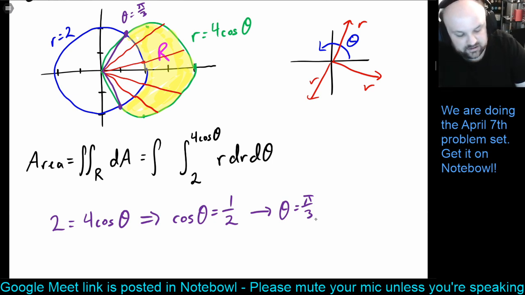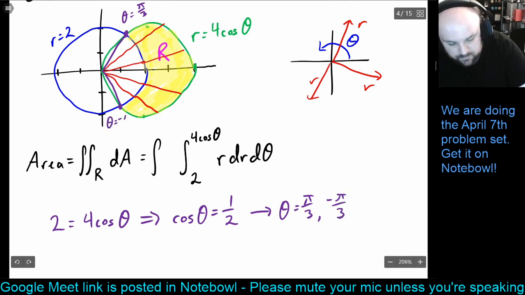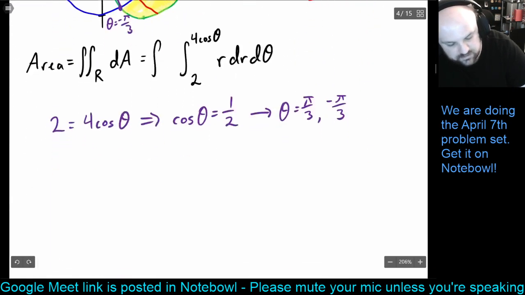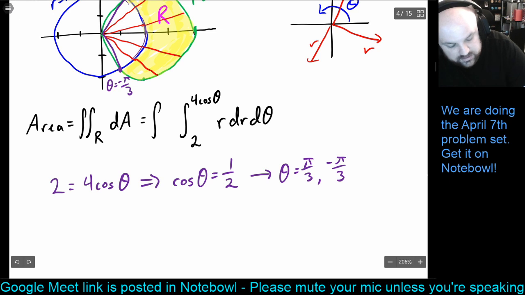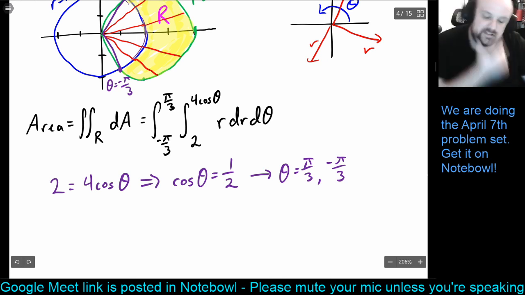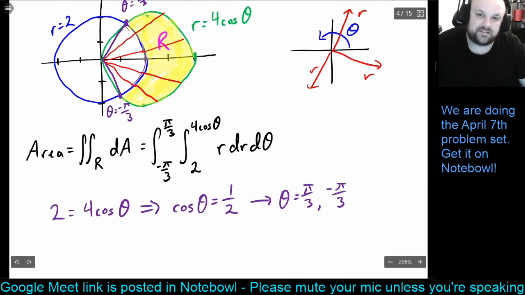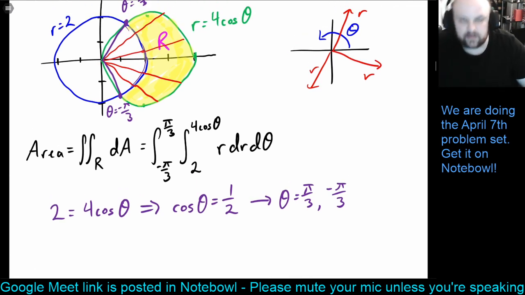So we actually want to use minus pi over 3, because then we start down here at minus pi over 3 and trace out from here to here. So minus pi over 3, pi over 3. You usually want to make a smart choice for your bounds here. And that's the area.